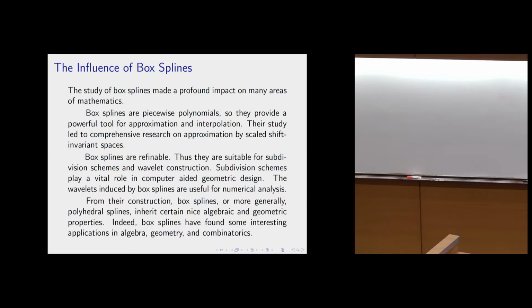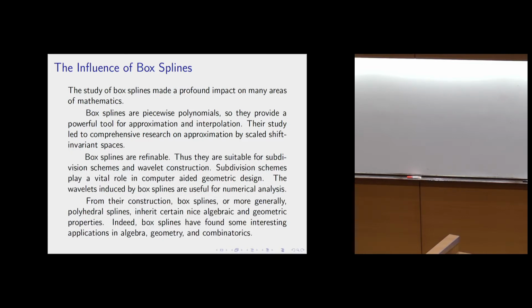Then from their construction, box spline or more general polyhedral splines inherit certain nice algebraic and geometric properties. Indeed, the box splines have found some interesting application in algebra, geometry, and combinatorics. As I mentioned before, I'm going to give a talk on quadratic interpolation, which is related to approximation.